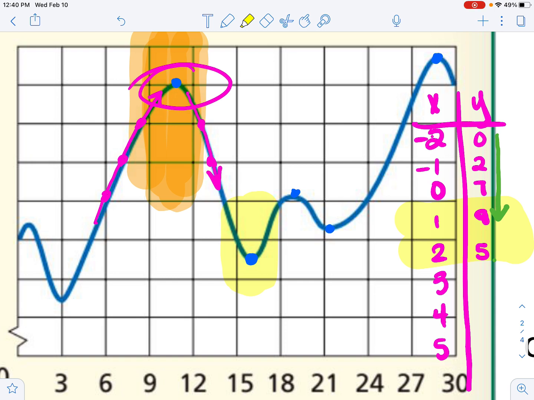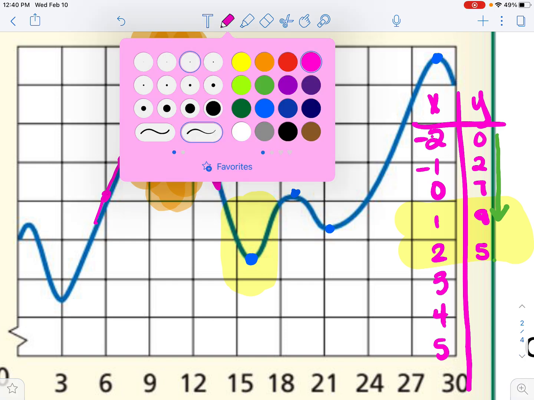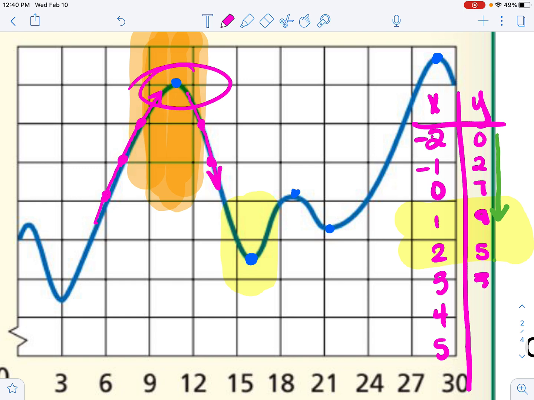Because the data points were going up, up, up, and then suddenly went down. So if I continue this, it goes 5, 3, so now it's going down. Oh wait, it suddenly went up again. So somewhere between 3 and 4, there is a relative minimum.